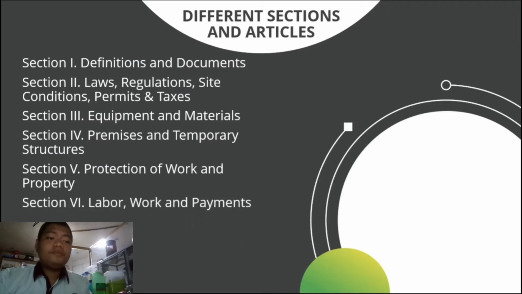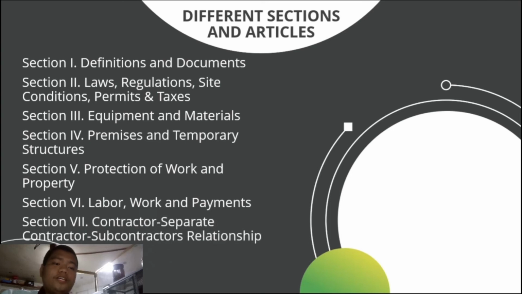Section 6 is Labor, Work, and Payments. Under this section are Article 19, Labor; Article 20, Work; Article 21, Time and Completion of Work; Article 22, Payments. Section 7 is Contractor-Separate Contractor-Subcontractor Relationships.